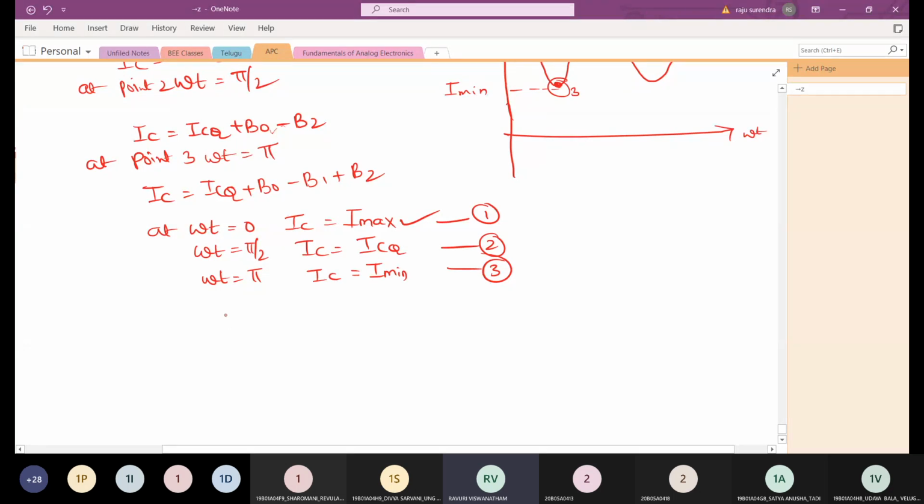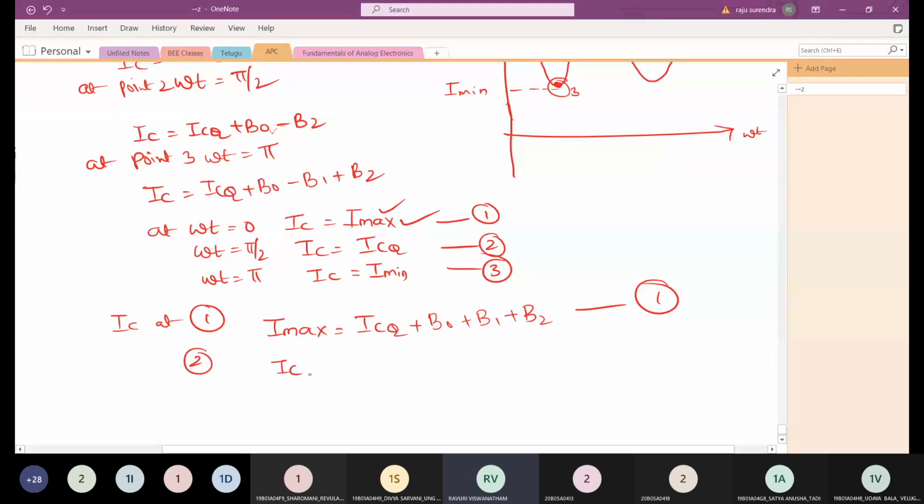Now we will write the expressions. At point 1, IC is equal to I max, so I max is equal to ICQ plus B0 plus B1 plus B2. Consider this as equation 1. IC at point 2 is ICQ plus B0 minus B2.